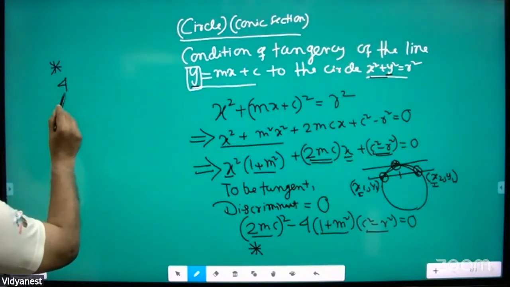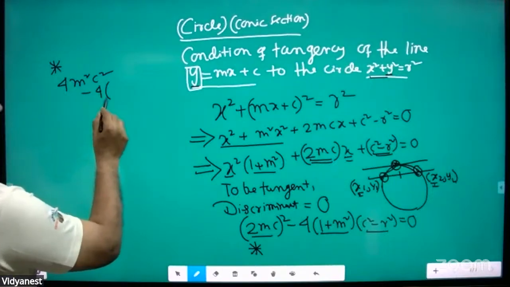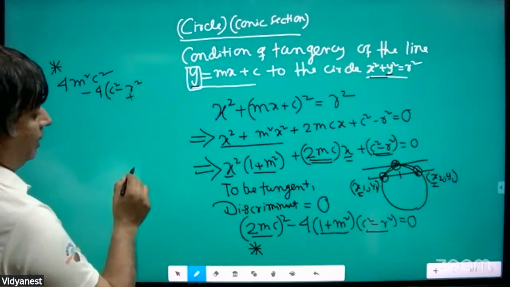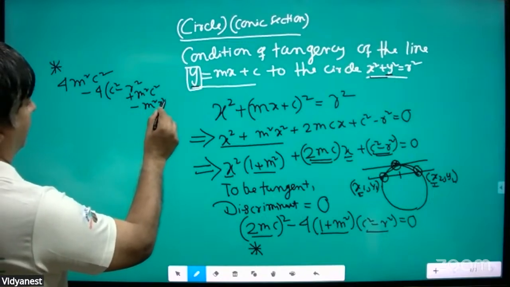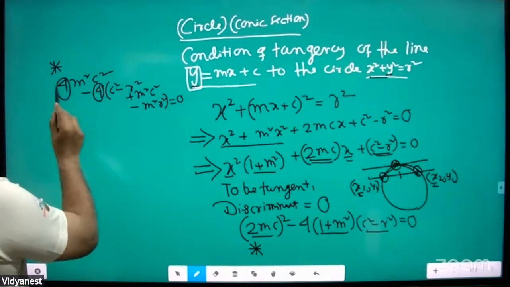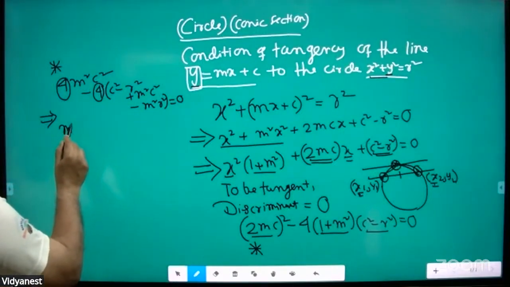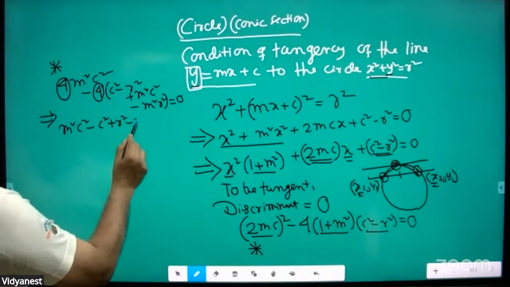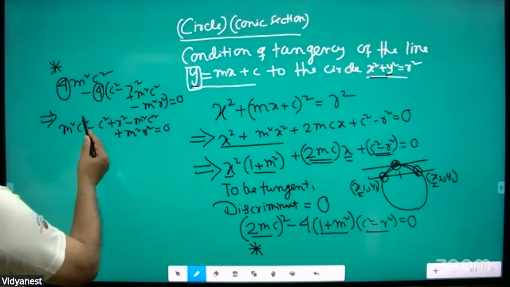See, 4 m square c square minus 4, you open this 1 into c square is c square minus r square plus m square c square minus m square r square is equal to 0. ठीक है? नाउ इसमें कॉमन पार्ट क्या है? 4. तो 4 को कॉमन लेके राइट हैंड साइड का 0 के साथ कैंसिल करो तो क्या रहेगा? हाँ, बचेगा क्या? देखो इस ब्रैकेट को भी रिमूव करना पड़ेगा. सी स्क्वायर प्लस आर स्क्वायर एम स्क्वायर सी स्क्वायर प्लस एम स्क्वायर आर स्क्वायर. नाउ I can cancel this.